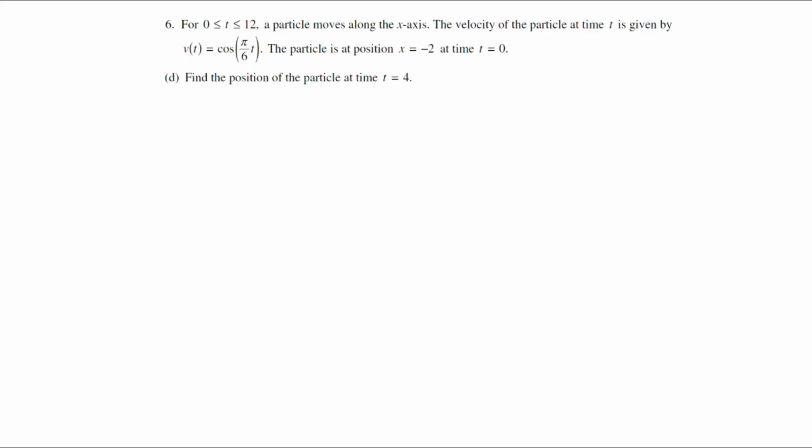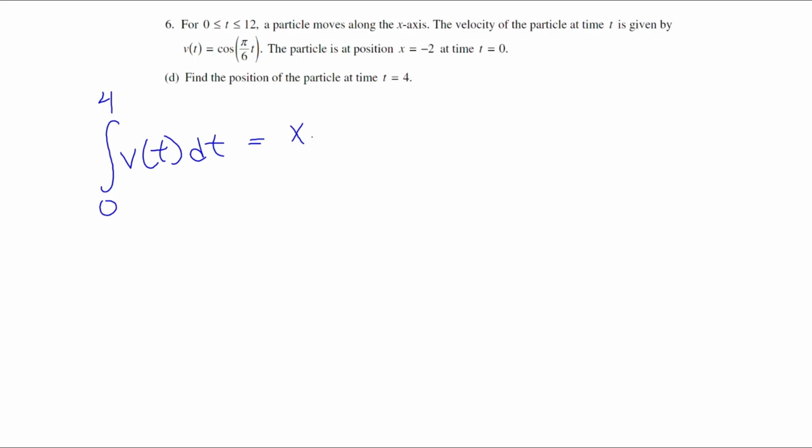And our last part here is part D. Find the position of the particle at t equals 4. We haven't done anything with the position yet, other than we know that if we integrate velocity, we get displacement. So the integral of v of t dt from our initial condition of 0 to what we're looking for should be the displacement of the particle from 0 to 4.